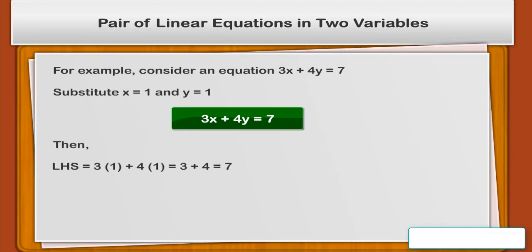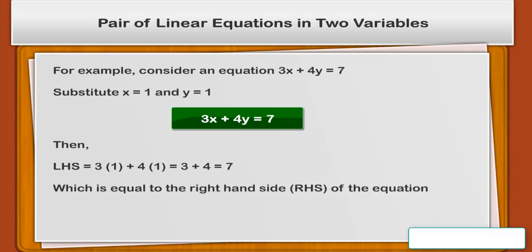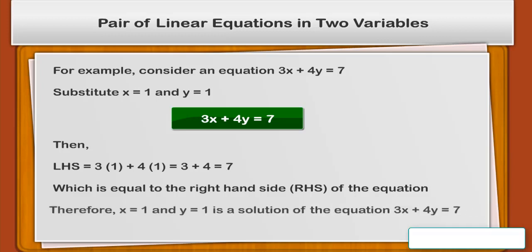Then LHS = 3 × 1 + 4 × 1 = 3 + 4 = 7, which is equal to the right-hand side, RHS, of the equation. Therefore, x = 1 and y = 1 is the solution of the equation 3x + 4y = 7.